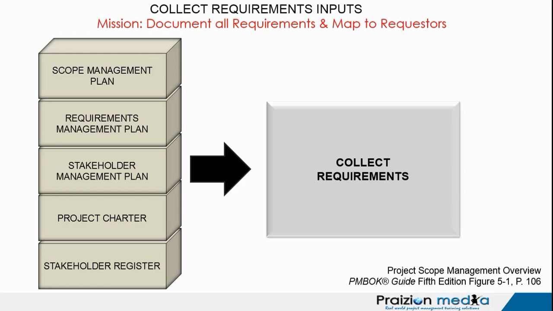And then we have the stakeholder register, because this contains the names and information of those people, the analysis of who we will be collecting requirements from. Don't forget, we may have also started gathering, in some instances, personal requirements from some of these stakeholders while in the identify stakeholders process. So that all comes into play here.